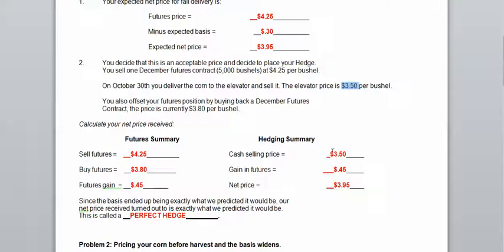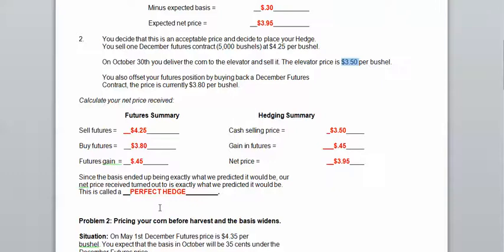So we take our cash selling price of 3.50, add the gain in futures of 45 cents, and that gives us a net price of 3.95, exactly what we predicted. Since the basis ended up being exactly what we predicted, our net price received turned out to be exactly what we predicted, and that's called a perfect hedge.